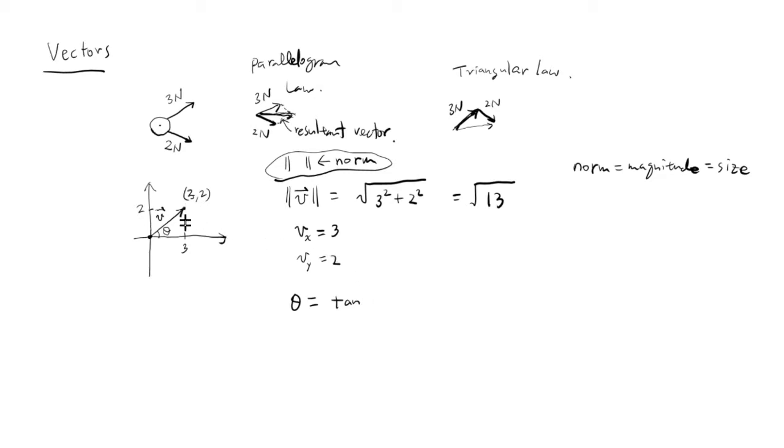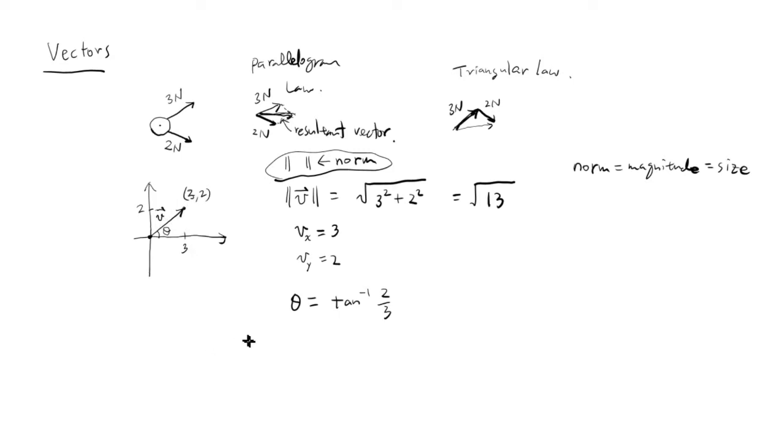Just using SOHCAHTOA on this right triangle will reveal that since tangent is opposite over adjacent, tangent of theta is 2 over 3, and therefore theta would be tangent inverse of 2 over 3. Okay, so you can say that this gives you the direction, and this gives you the size, and therefore this is indeed a quantity that has a direction and size, so it's a vector.